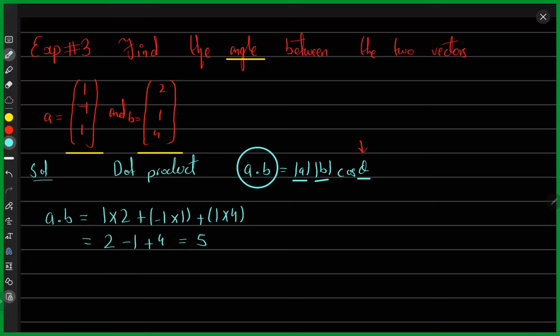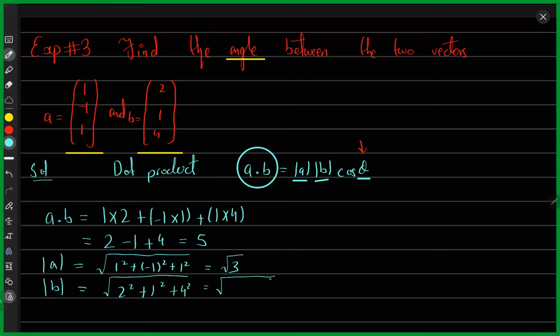And if I talk about A mod, so A mod is basically the under root of 1 squared plus minus 1 squared plus 1 squared, and this is going to be root 3. And then the mod of B, or the magnitude of B, is basically 2 squared plus 1 squared plus 4 squared, and this is going to give you 4 plus 1 plus 16, and this is going to be root 21.